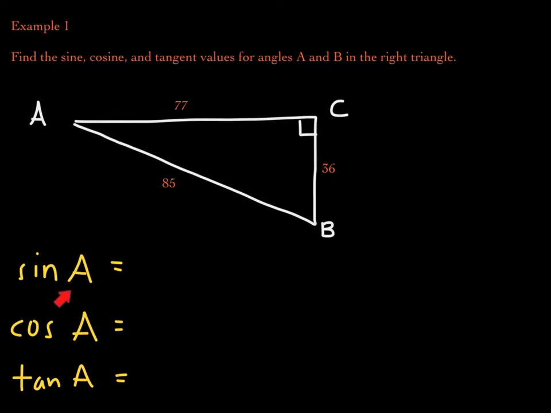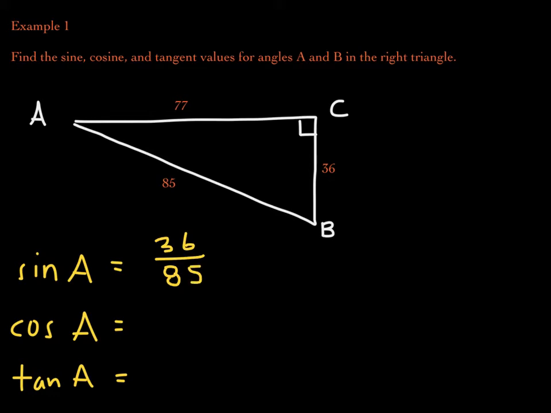Sine of angle A is opposite over hypotenuse. So here we're talking about sine of angle A. So the side that is opposite angle A is 36, and the hypotenuse is 85. So it'll be 36/85. This is sine of angle A.